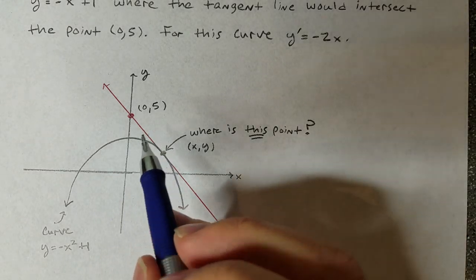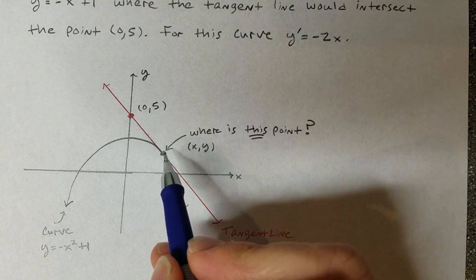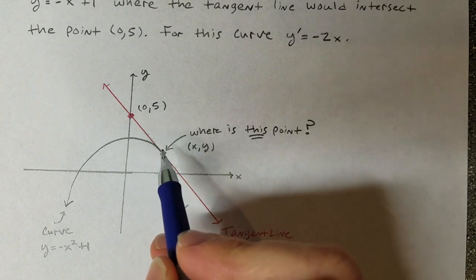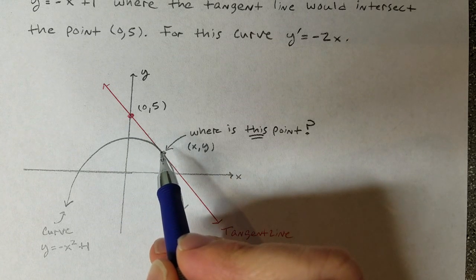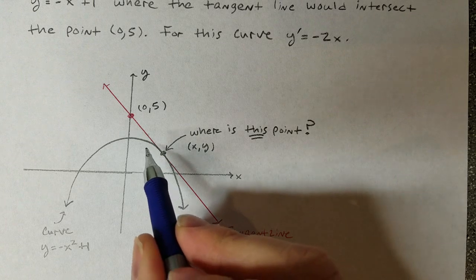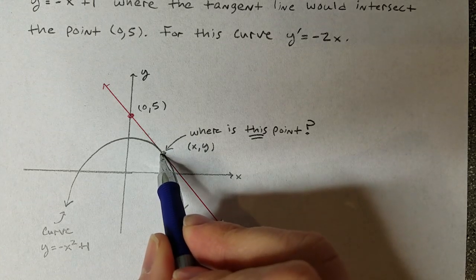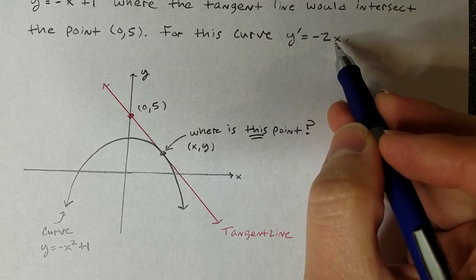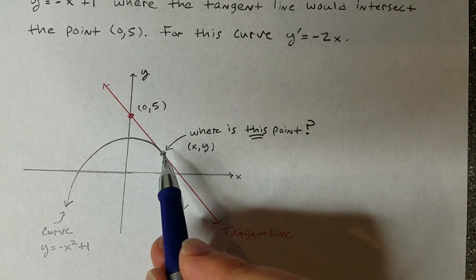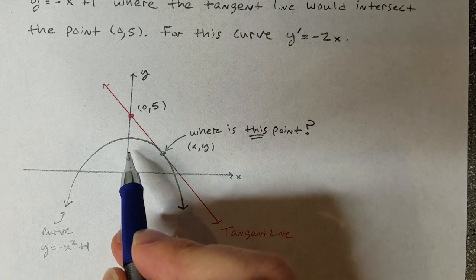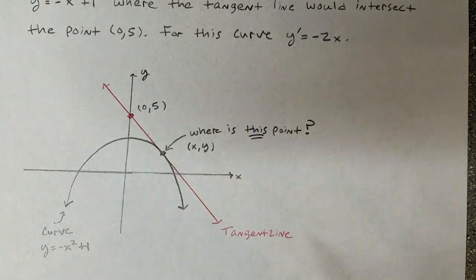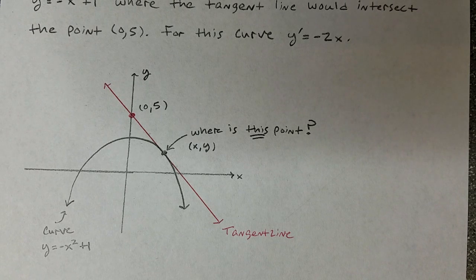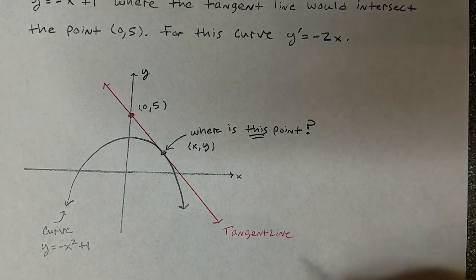We can use the fact that there are two ways to measure the slope of this tangent line. Okay? One, I could say the tangent line has a slope that's equal to the slope of the curve, which I could find by the derivative. But it's also equal to the rise over the run between those points. Okay? All right. So let's think of it like this.